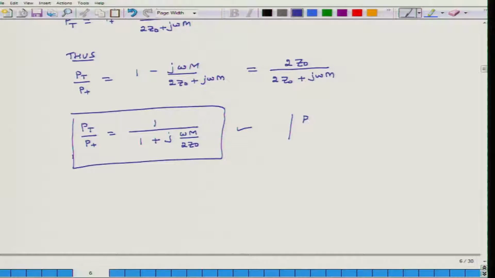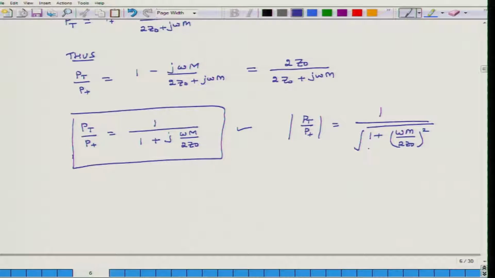And as omega goes up, this Pt over P plus becomes less than 1. Why? Because the magnitude of Pt over P plus is equal to 1 over the square root of 1 plus omega m by 2 Z naught squared, this thing.